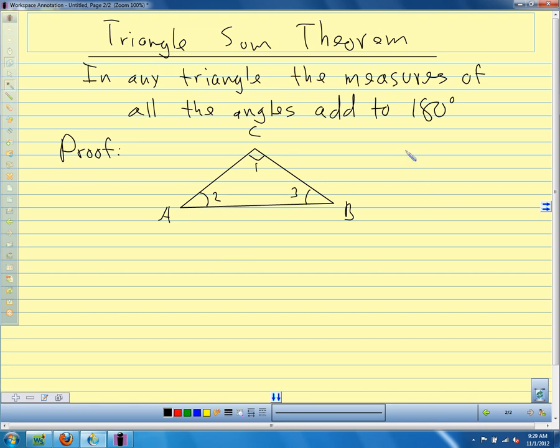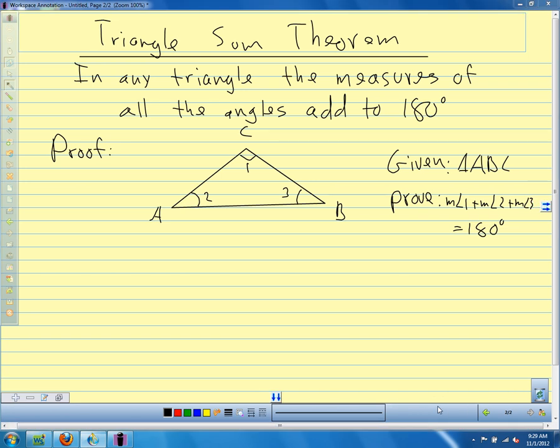So all we're given is triangle ABC. And we want to prove that measure of angle 1 plus measure of angle 2 plus measure of angle 3 equals 180 degrees. Yes?